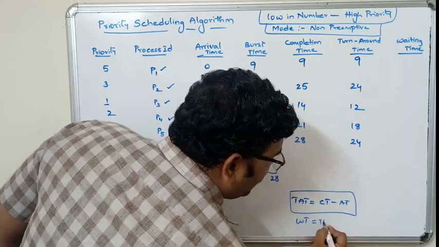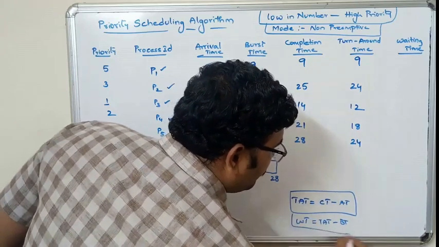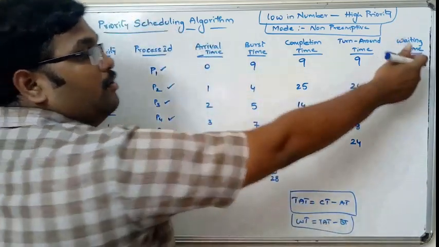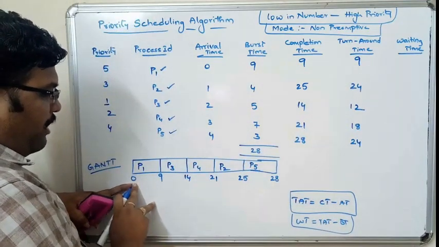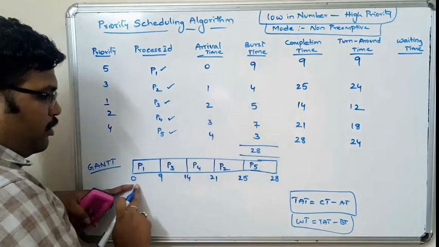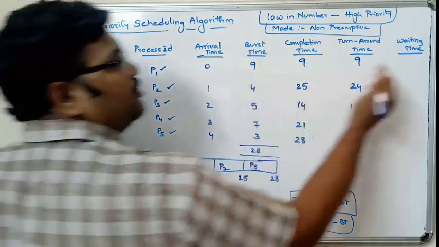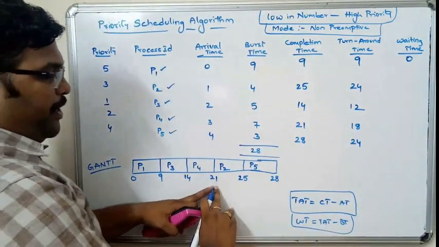Similarly, waiting time is equal to turnaround time minus burst time. Right? Now, waiting time. So P1 arrived at 0. Here, P1 is allocated to CPU at 0, arrived at 0. So 0 minus 0, 0. Next, P2.